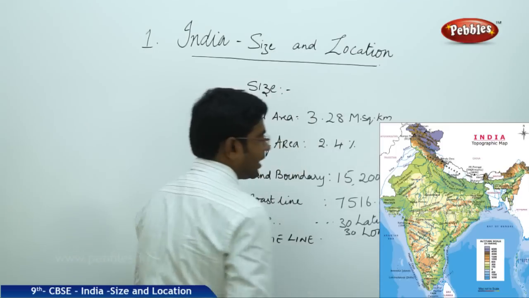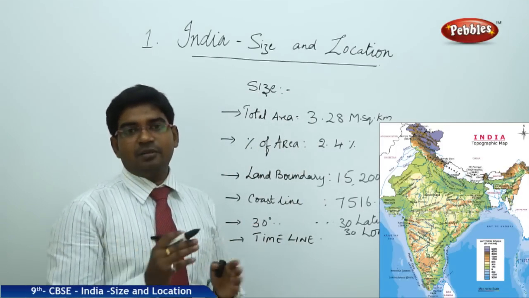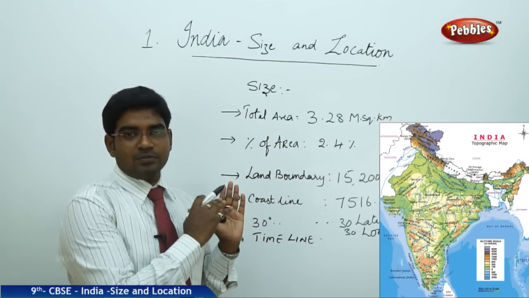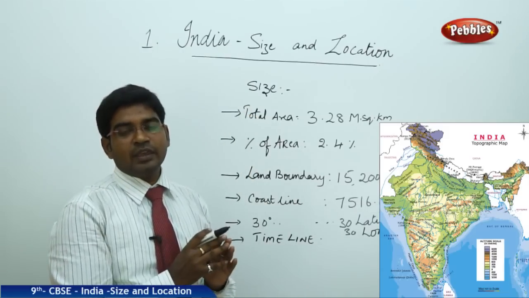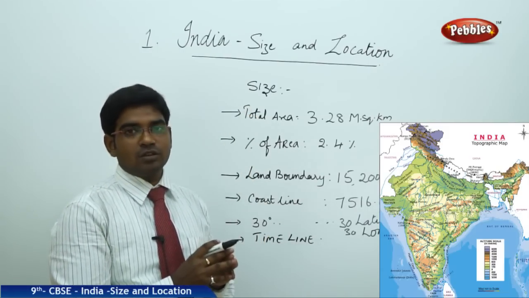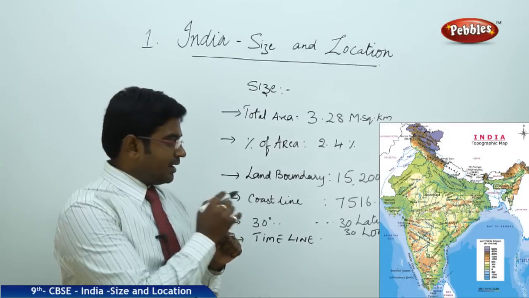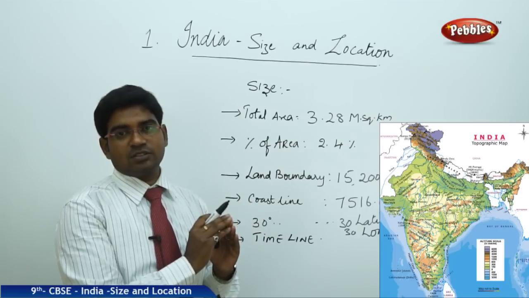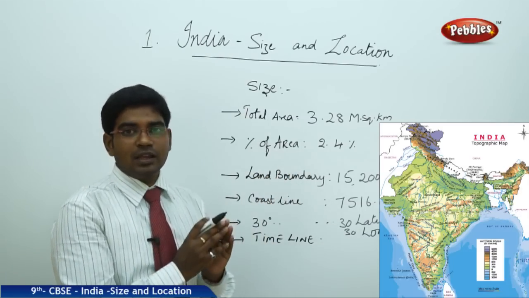passing through India. So when we look at the India map, you find that the region from west to east is a bit wider when compared to north to south. It appears like that because the latitudes are parallel to each other and maintain equidistance between each other, which makes the distance very large.